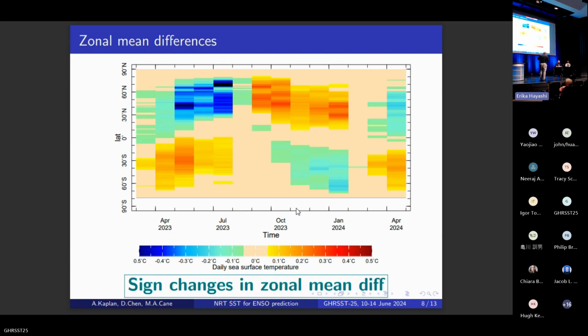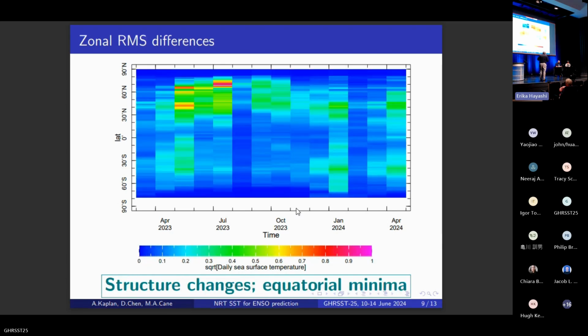And it would be good to understand what the structure of that is. That was the difference in zonal means, and this is the zonally averaged RMS difference. And you can see also that 0.5 is not so rare. Sometimes it's 1 RMS difference at that latitude.